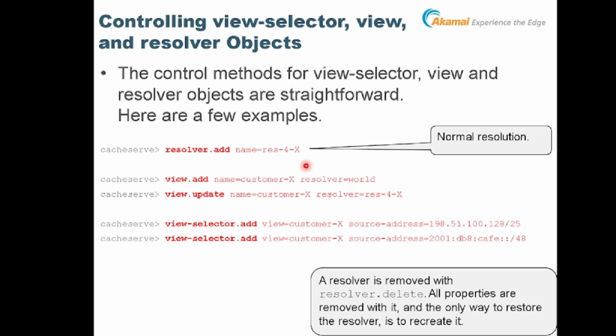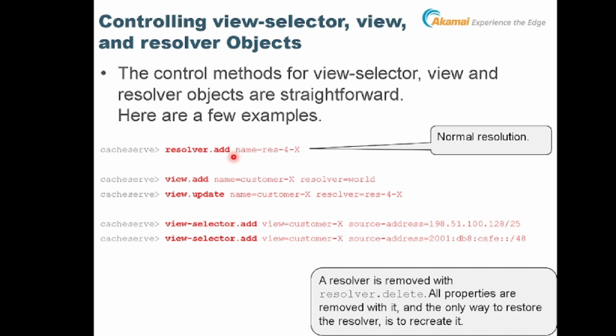So here's an example of adding a resolver. Again, I can add as many resolvers as I want. Usually there will just be a handful, a few, often just one. And it will do normal resolution because I didn't specify any special properties here. So it will start at the root servers, create a cache, and put answers in there.